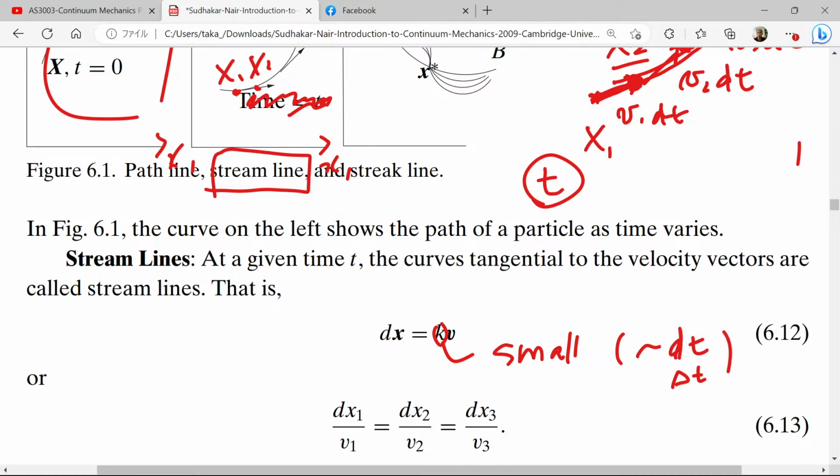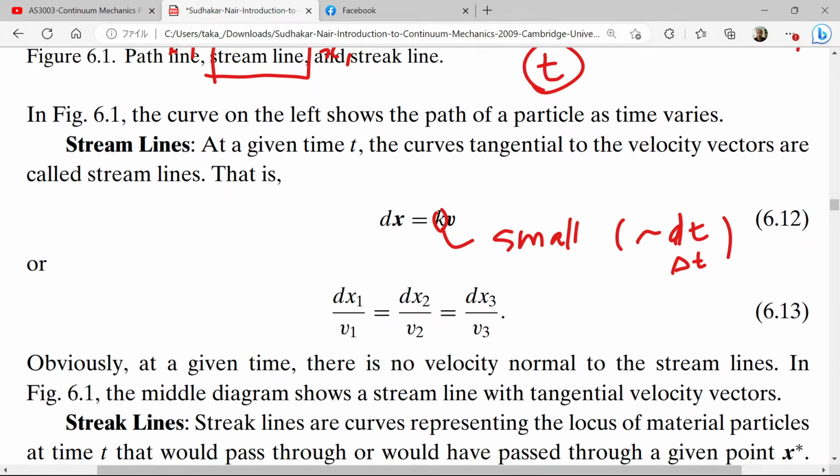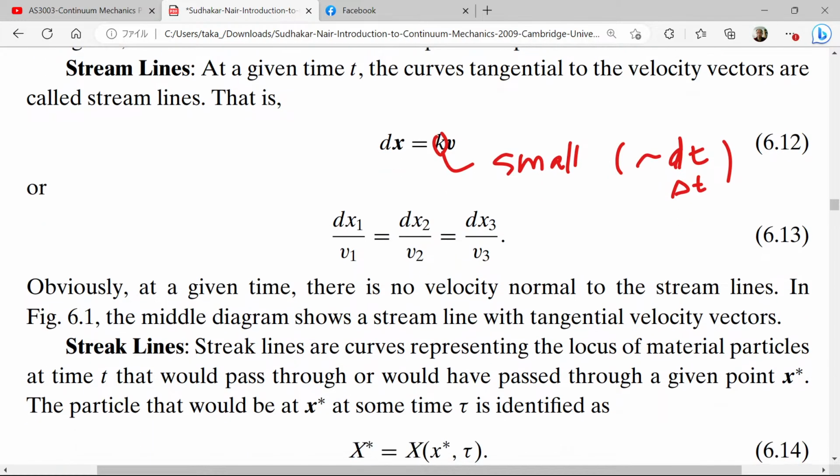But then to eliminate k, you just divide each component. So dx1 over v1 equals dx2 over v2 equals dx3 over v3. Obviously, at a given time, there is no velocity normal to the streamline. In figure 6.1, the middle diagram shows a streamline with tangential velocity vectors.